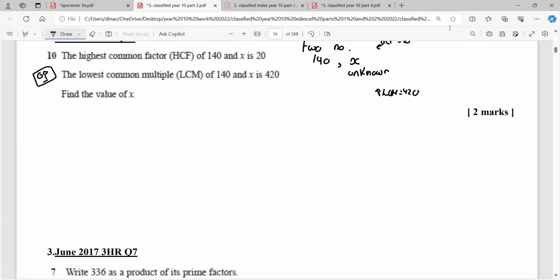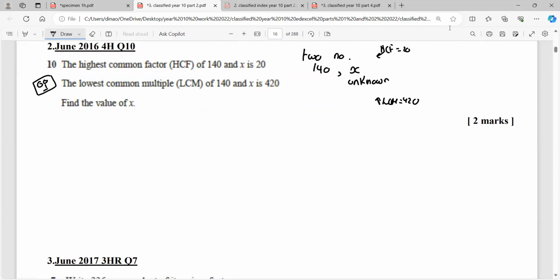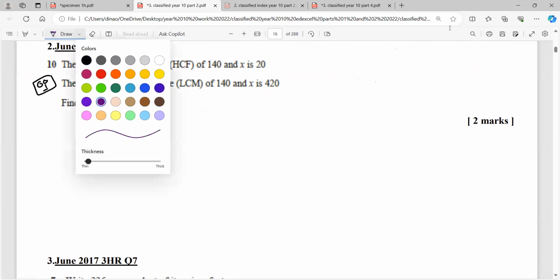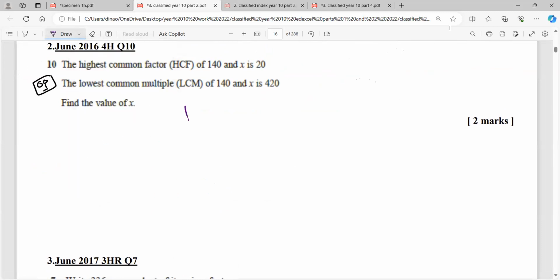Find the second number. Here we will state a very interesting rule, which is that the HCF multiplied by the LCM is the product of the first number and the second number.